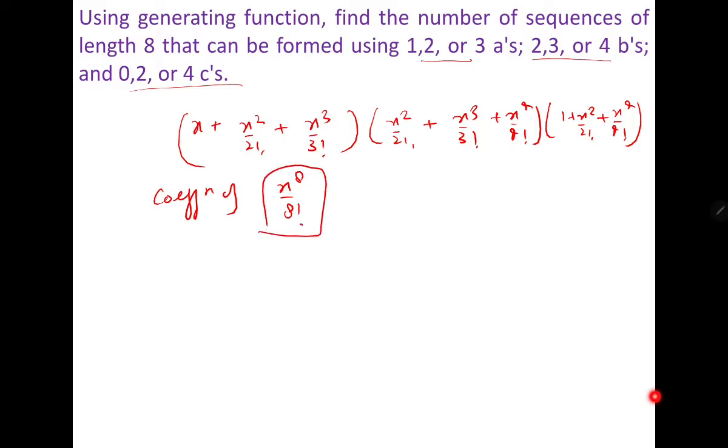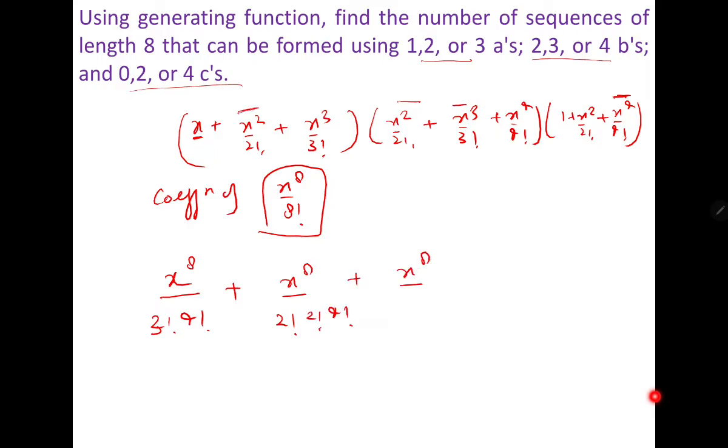So I have to look for the different combinations. If I take this x, then x multiplied by this x cube and x raised to the power 4 gives you x raised to the power 8 by 1 factorial, 3 factorial and 4 factorial. If I take this x square, I can again pick x square from here and x raised to the power 4 from here, so it would give me 2 factorial, 2 factorial, 4 factorial.